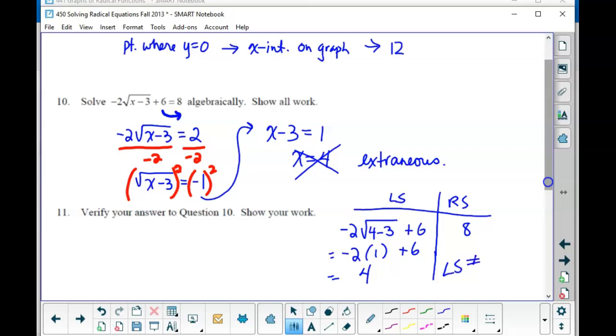Left side is not equal to the right side. Okay? So sometimes you'll solve algebraically and get a solution. You do need to check it. It could be extraneous. And in this case it is.